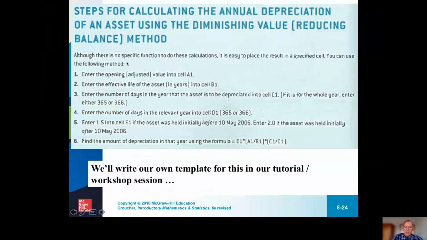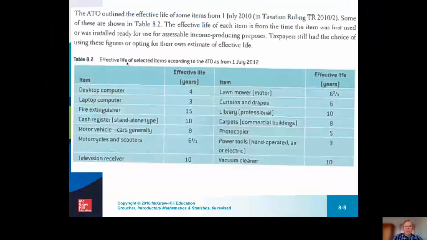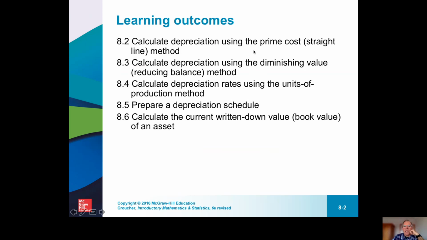One of the things I'd encourage you to do, and sorry about this, I've just got to flick back through, not too many slides to walk through, just a handful really. As we come to these calculations, we'll be looking at prime cost or straight line method, also the diminishing value or reducing method, and then calculating depreciation rates using the units of production or units of use method.